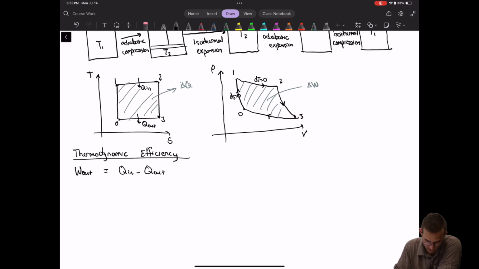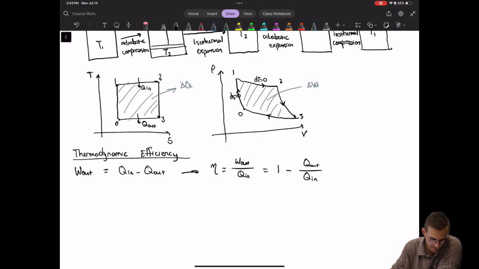That's just from the first law. So we can define an efficiency, eta, which is work out for how much heat you put in. And we can rewrite that as 1 minus Q out divided by Q in.